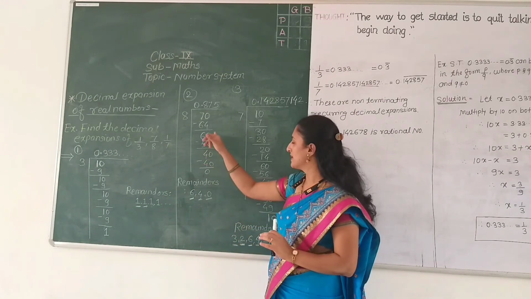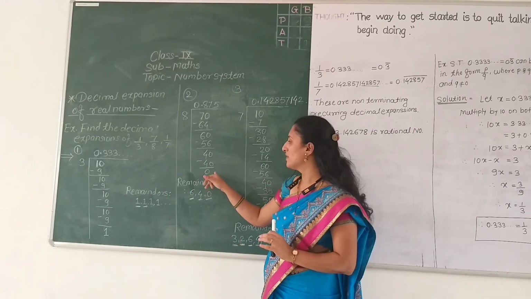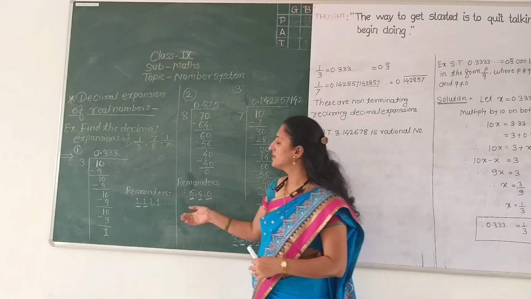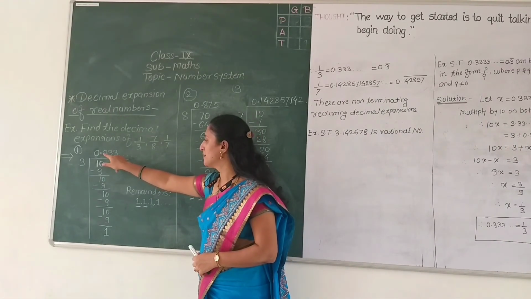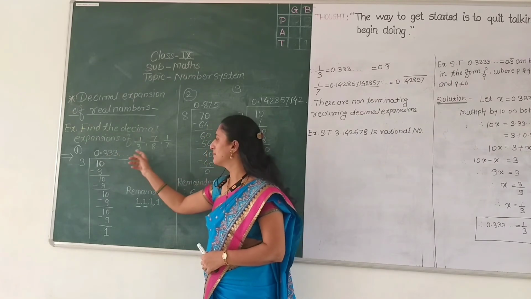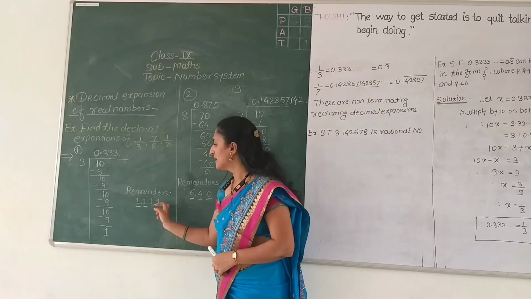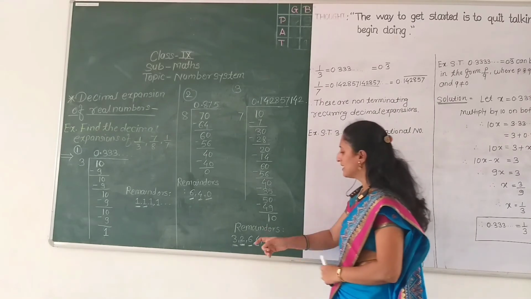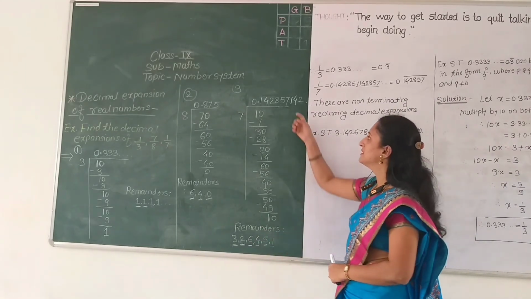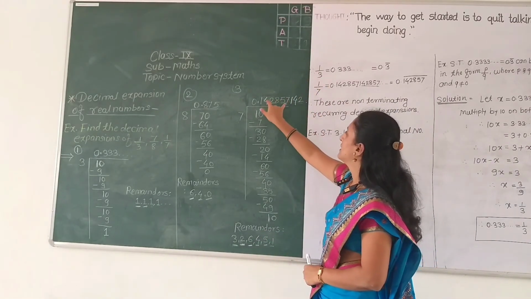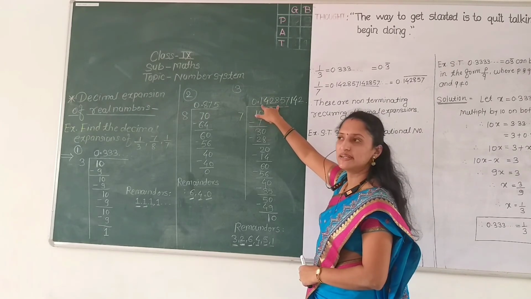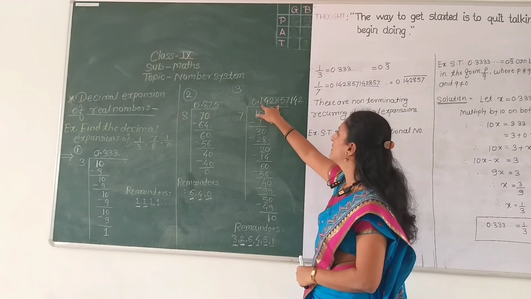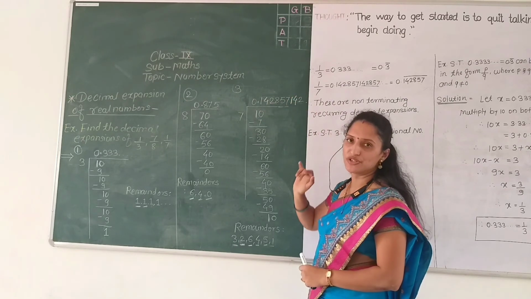That means we get remainder 0 after a certain stage, or we get repeated quotients and repeated remainders. And if remainders are repeated, then we get a repeated block of digits in the quotient.